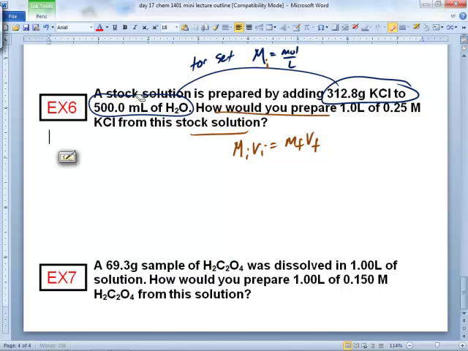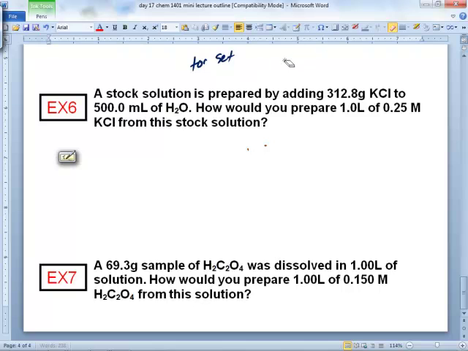So let's use this one. Let's try EX6. We got 5 minutes. See if we can knock it out. At least get started on it, so you have a good handle on how to do this. If you're not sure what I was talking about, just ask.